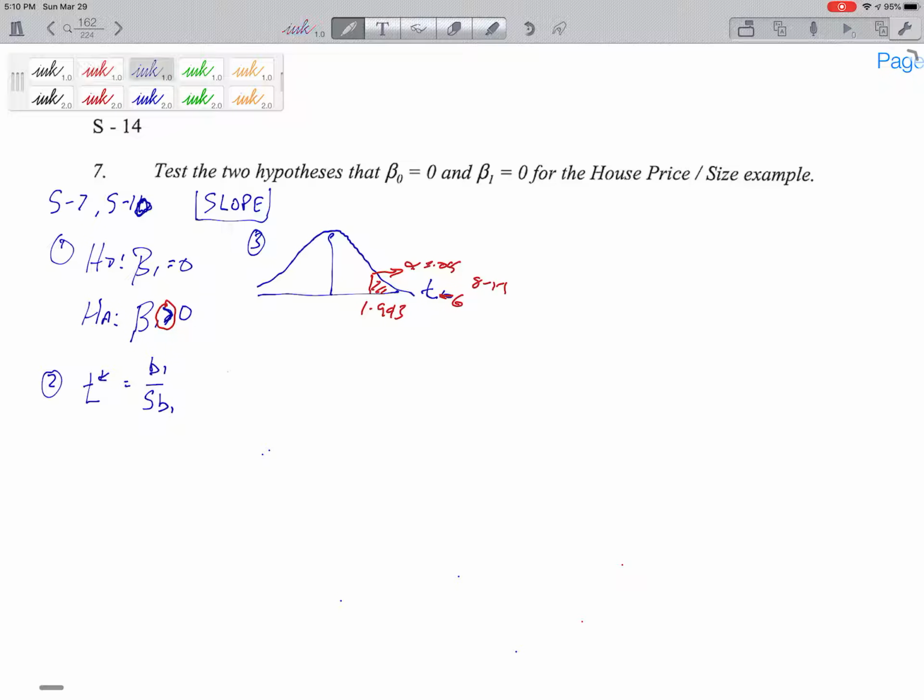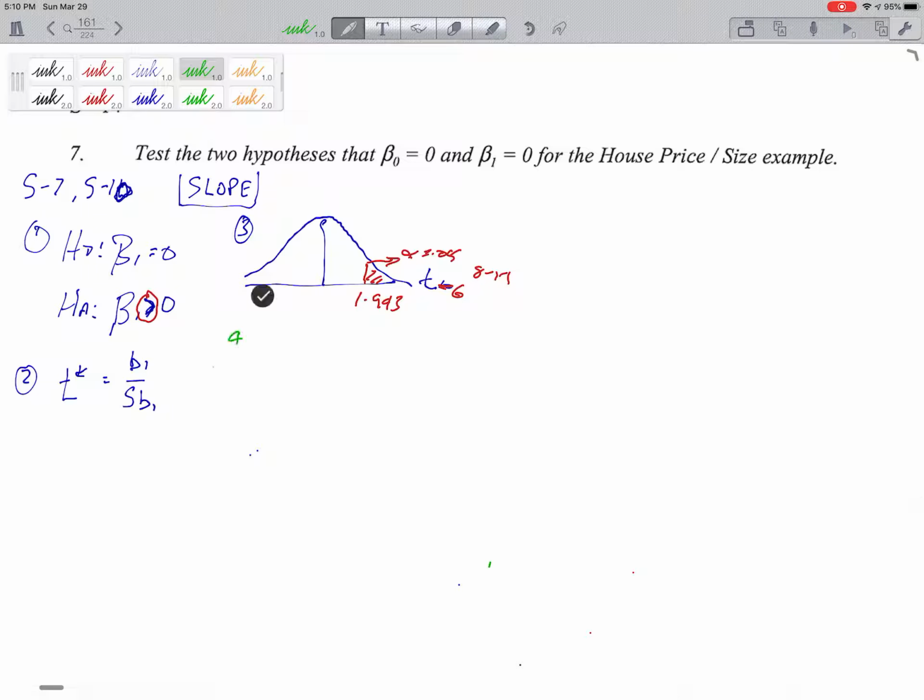All right, let's do a calculation here then. So step number 4, we're going to calculate first the SB1 value, and that's going to be equal to the SE times the square root of 1 over the sum of the x squares minus the square of the sum of x over n.